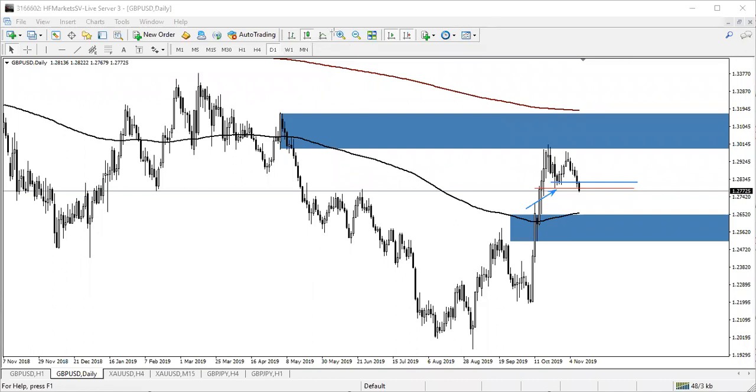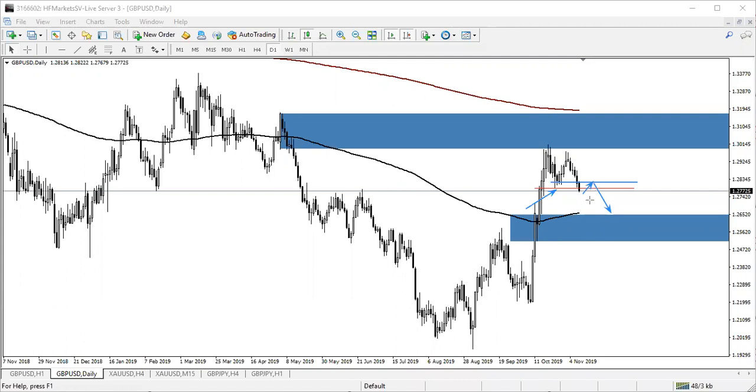So basically what am I expecting? We are still bearish. So that is what we are expecting.